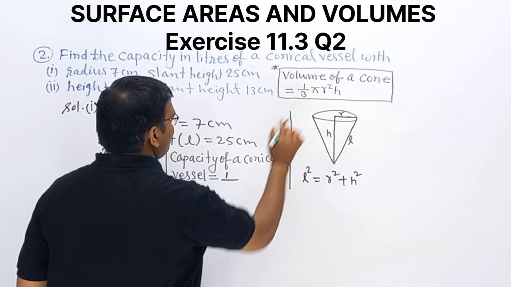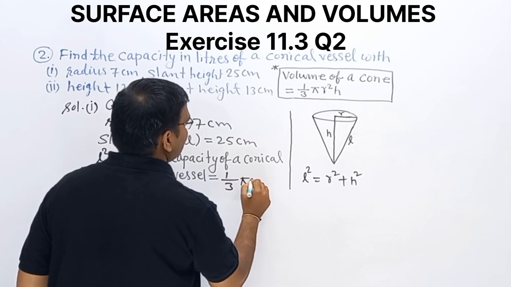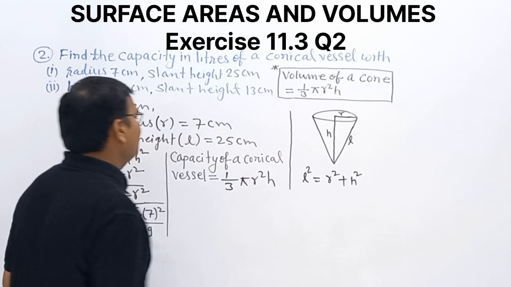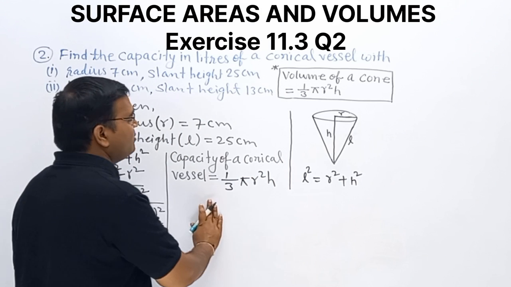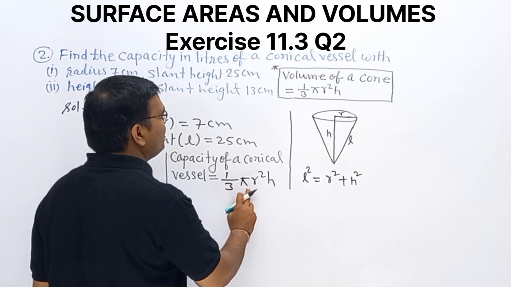So we will use this formula, 1 upon 3 pi r square h. Capacity of a conical vessel we want. So the formula will be volume of a cone, 1 upon 3 pi r square h.